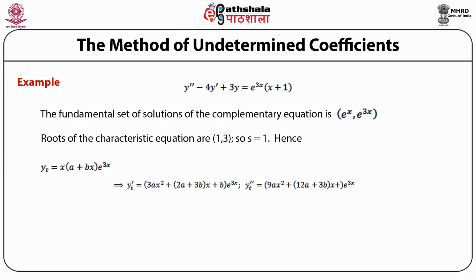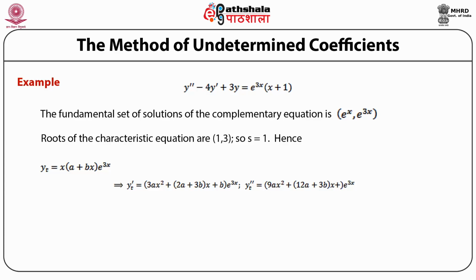Hence, yt is equal to x times (a plus bx) times e raised to power 3x. I differentiate this equation to obtain yt prime, which is given as (3ax square plus (2a plus 3b) times x plus b), the entire bracket, all the terms multiplied by e raised to power 3x.